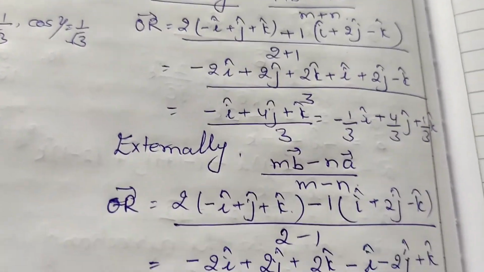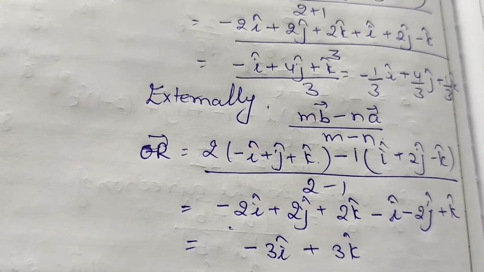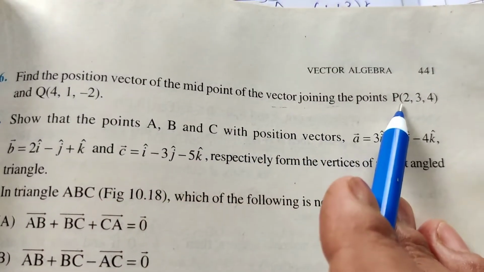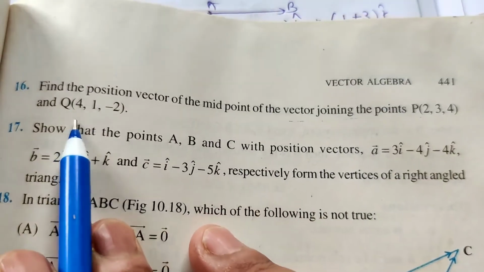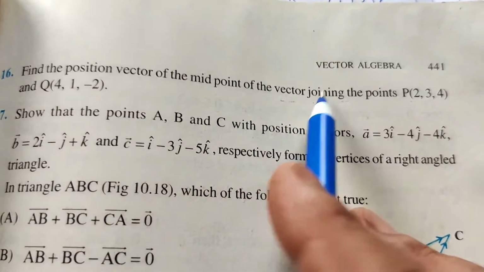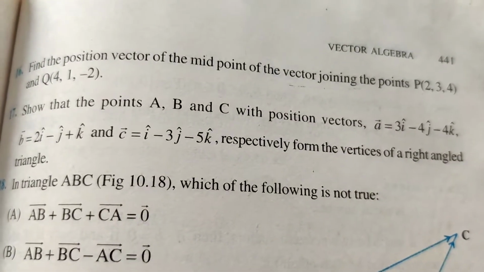Question number 16. Find the position vector of the midpoint of the line joining point P 2, 3, 4 and point Q 4, 1, minus 2. Simple question.